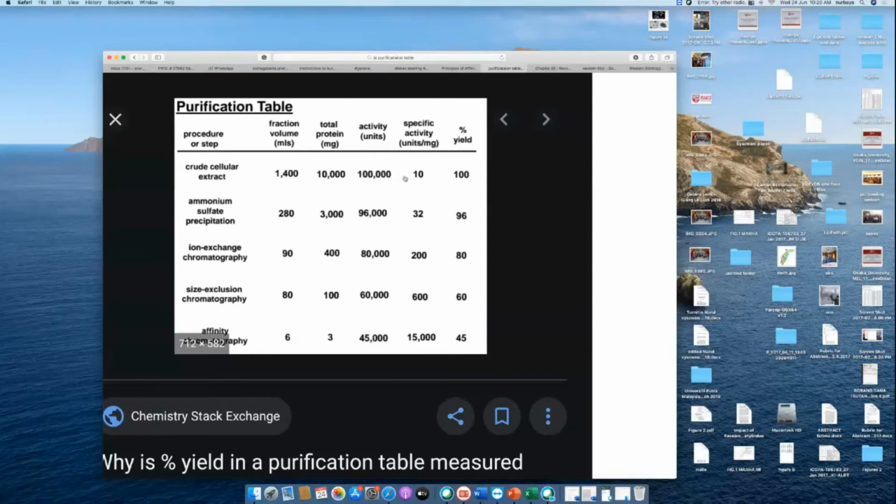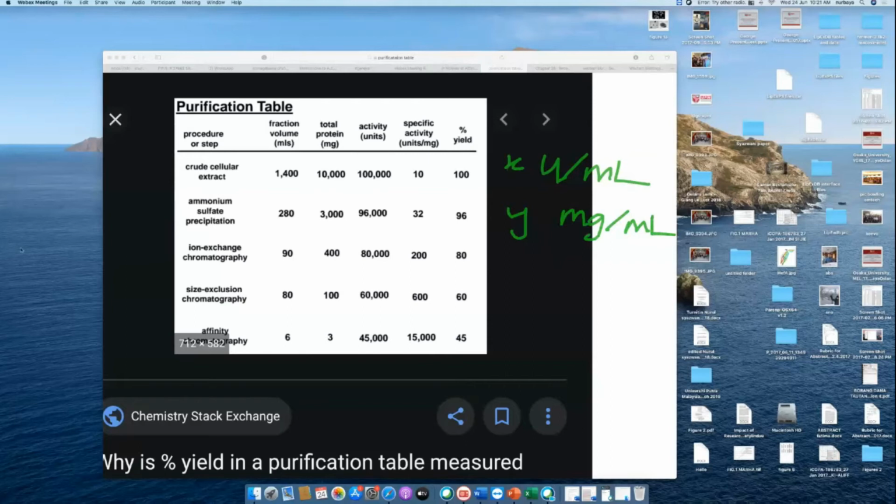We stopped last time when we had got activity, X activity in unit per ml, and then we have Y milligram per ml.